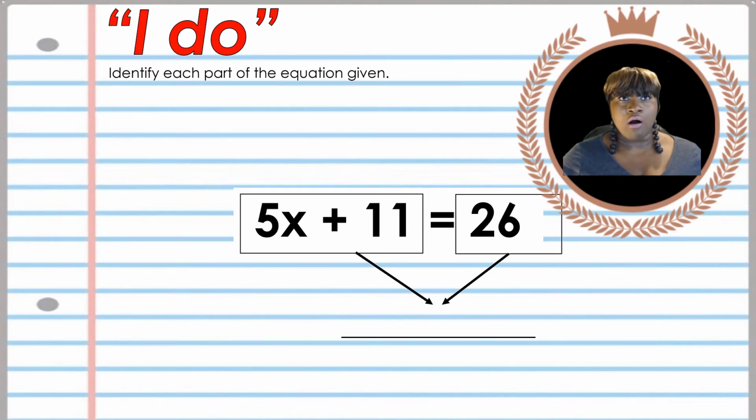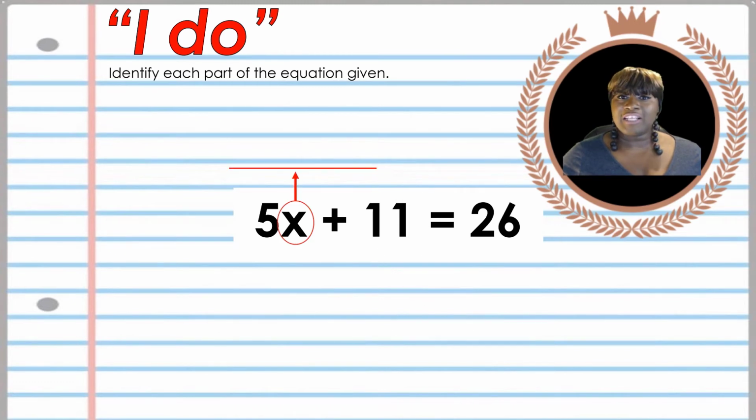If we can recall our equations vocabulary, we would know that both of these represent expressions. We know that an equation is a mathematical sentence that shows that two expressions are equal. Next, what's outlined is the letter x.